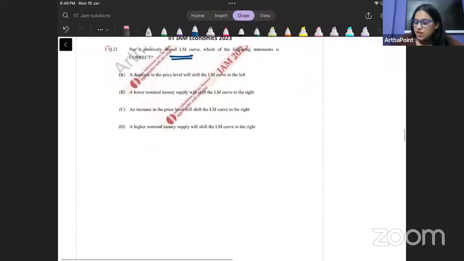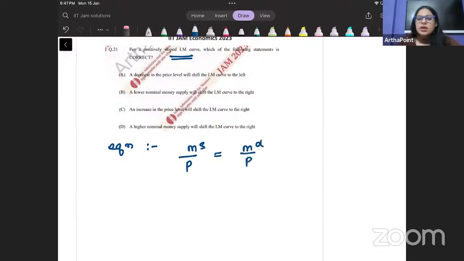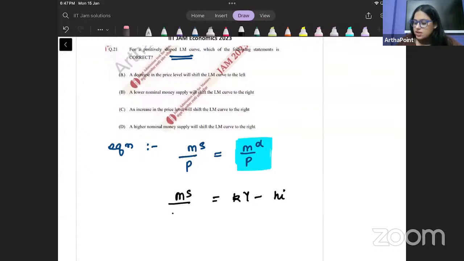When I talk about the equation of the LM curve, it can be written as the supply of money is equal to the demand for money. The demand for money can be written as KY minus Hi, and the supply of money can be written as MS by P.